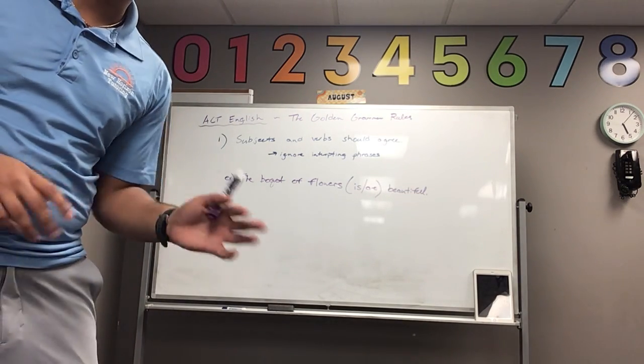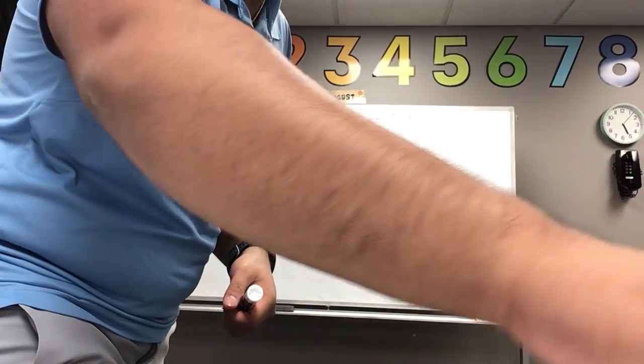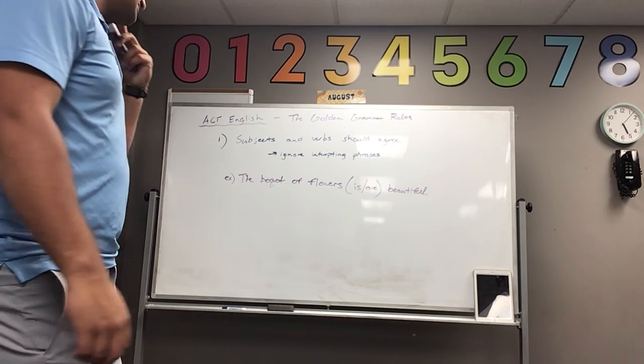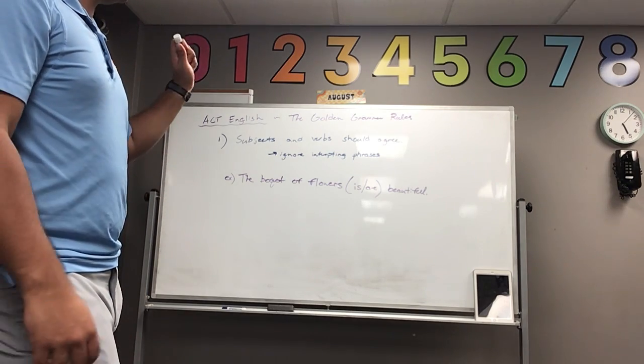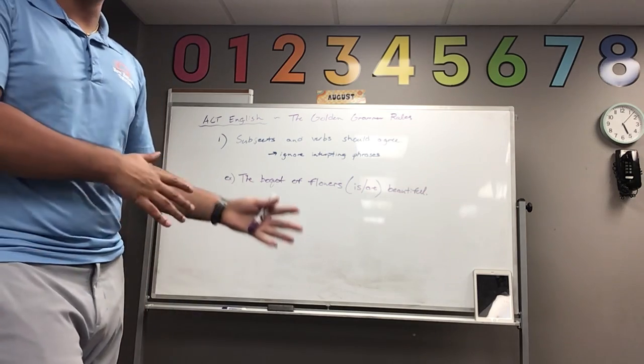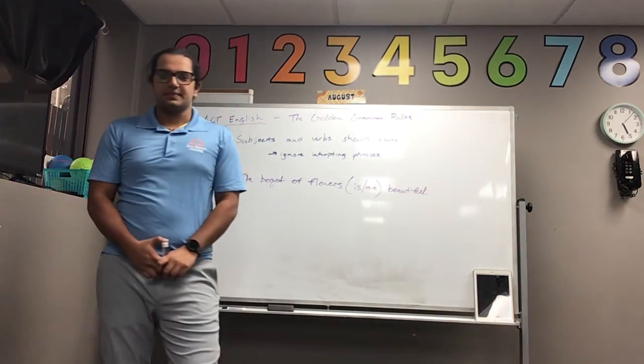I'll read it out loud anyway, but can you see? Okay. So the sentence reads, the bouquet of flowers is beautiful, are beautiful. I'm going to give you 2 options. Typically you have 4, but I'll give you 2 to start.